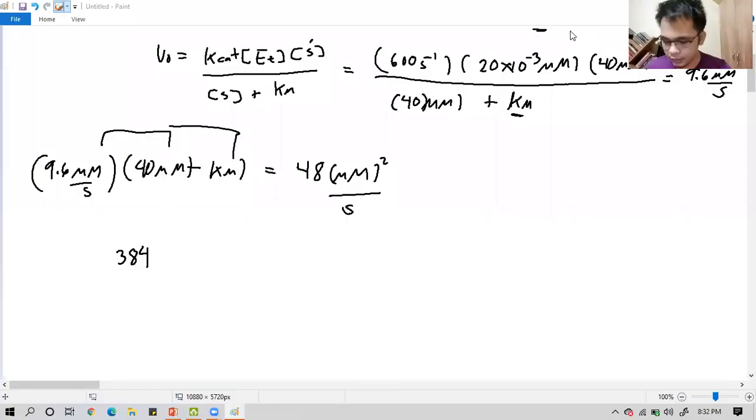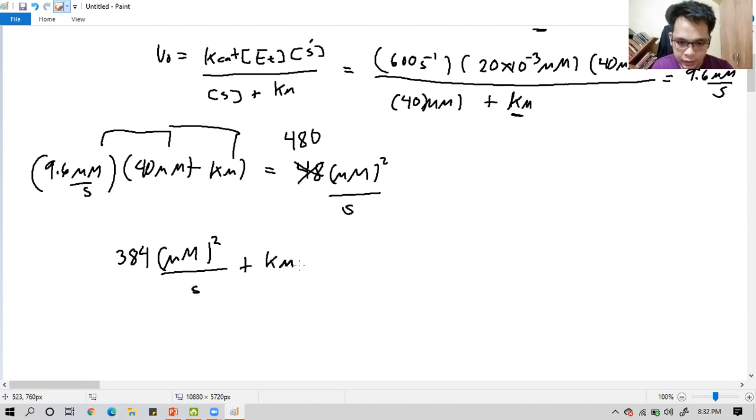Okay, guys, I detect some error here. This is not supposed to be 48, but rather 480. Sorry for that mistake. And so we have micromolar squared here all over S plus Km equals 480 micromolar squared all over S.